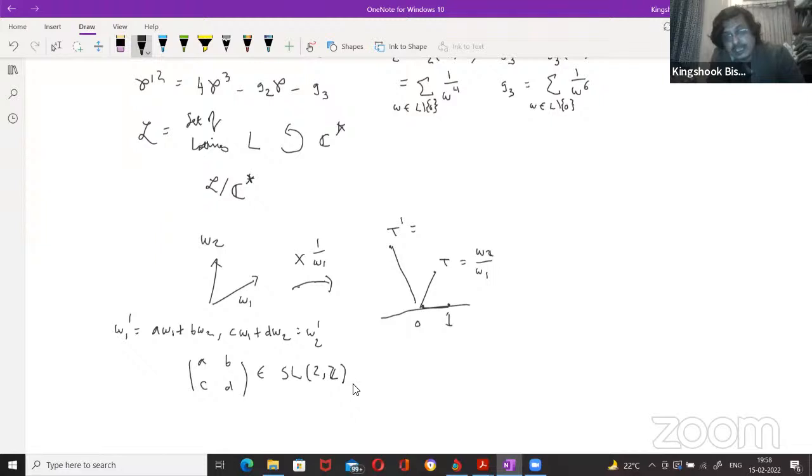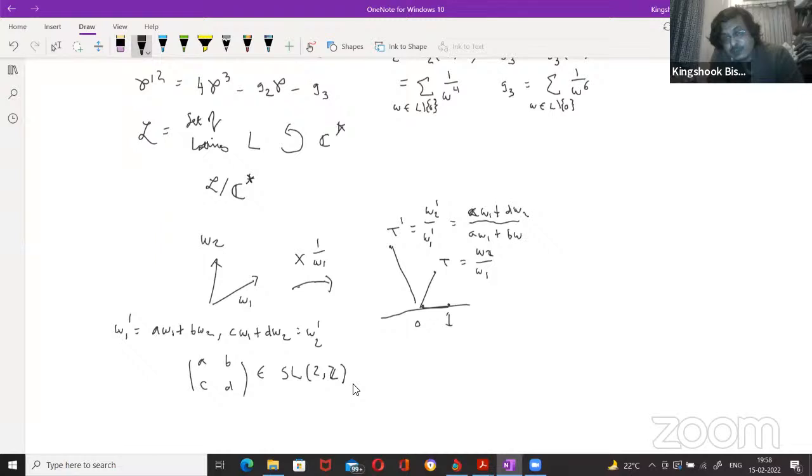So tau prime will be omega 2 prime divided by omega 1 prime, which is C omega 1 plus D omega 2 divided by A omega 1 plus B omega 2.